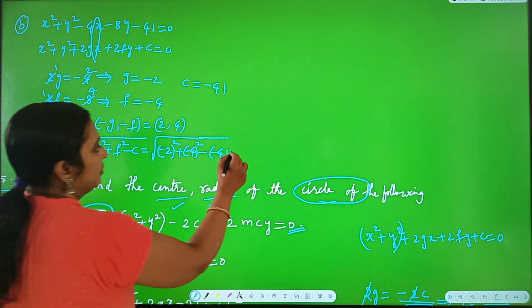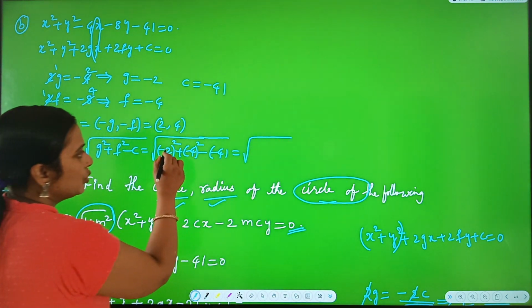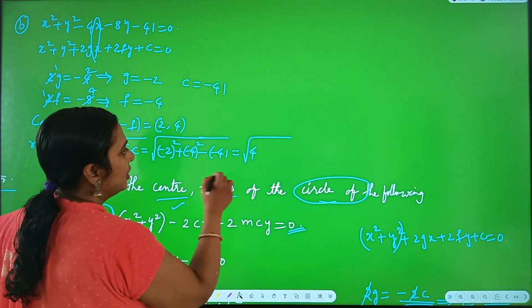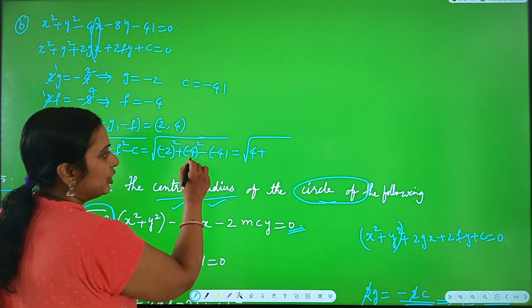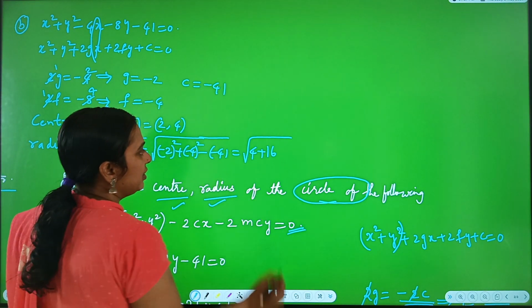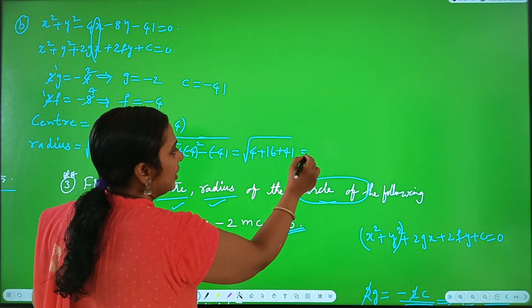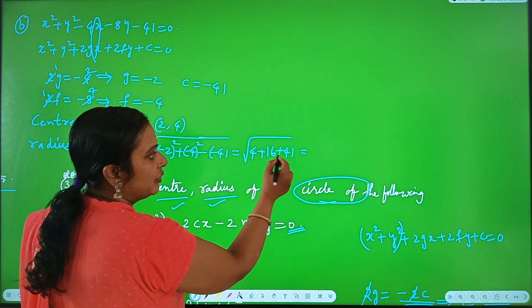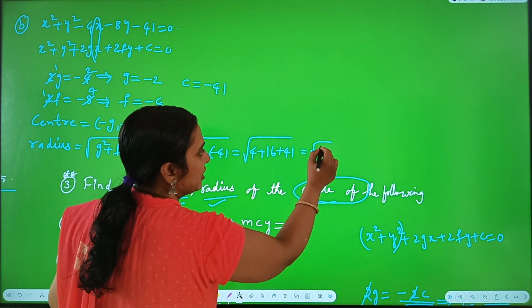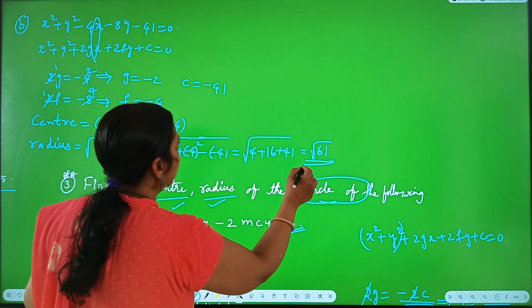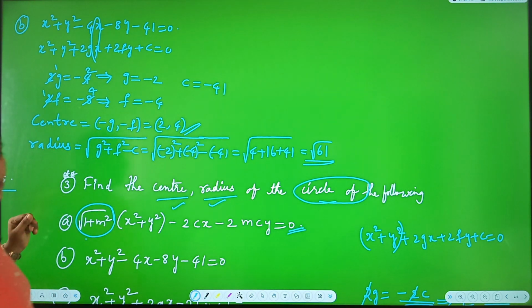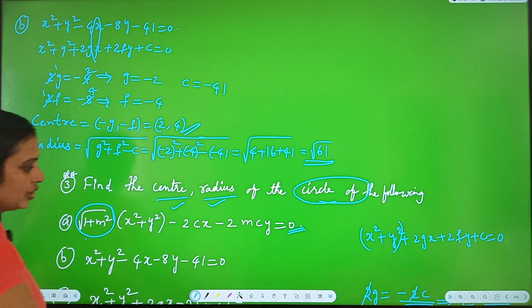It is equal to under root of 4 plus 16 plus 41. 4 plus 16 is 20, 20 plus 41 is 61. Root 61 is the radius, and 2 comma 4 is the center.